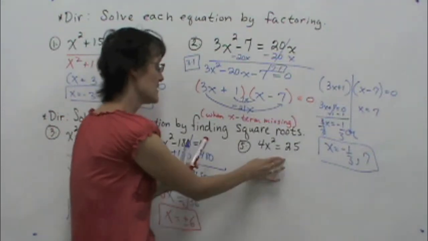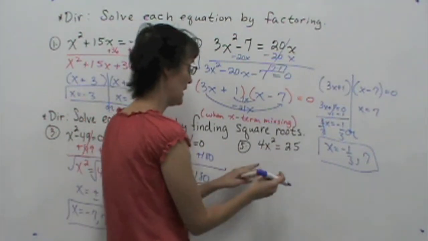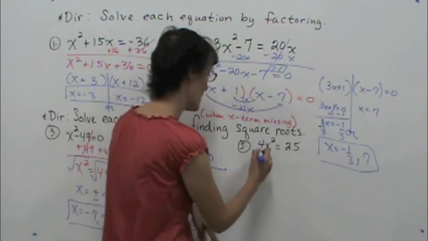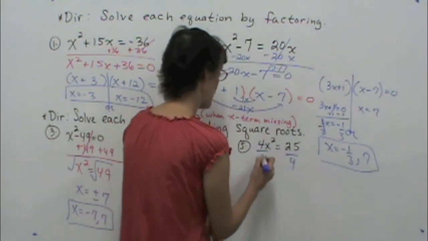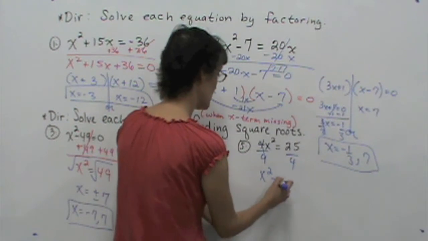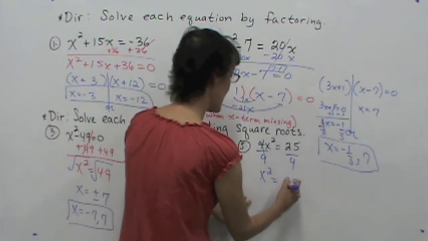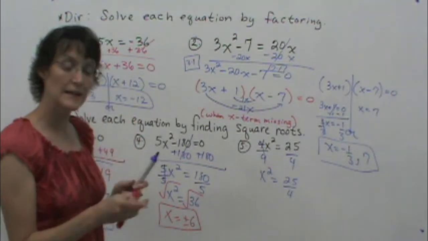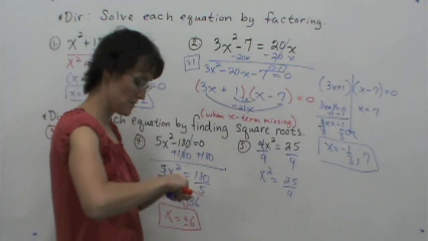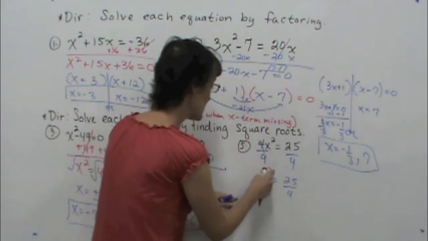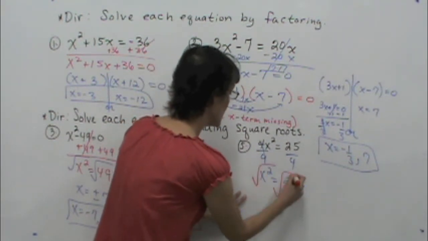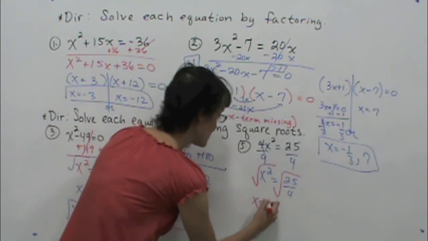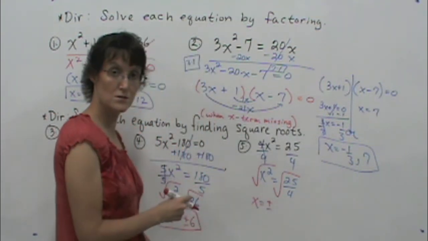Then this last one, I have no x term. Great. Okay. So then I don't have the x squared term by itself first, so I need to divide by that 4. So divide by 4. And then I've got x squared is equal to, now this is just 25/4, so I'm just going to write that down. Okay? And I'm going to leave it like that. And then what's the opposite of squaring? It's square rooting. And then I've got x is equal to, and then again it's plus or minus because at most 2 solutions.